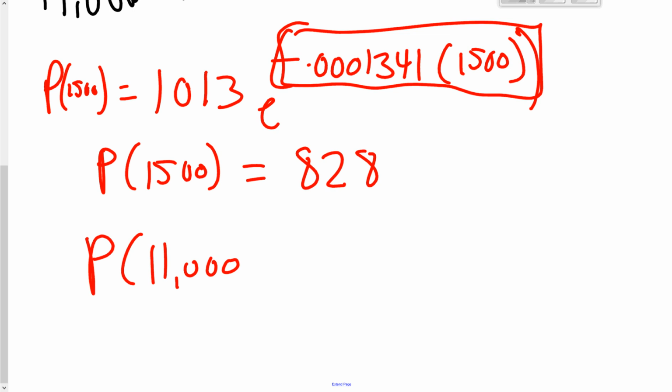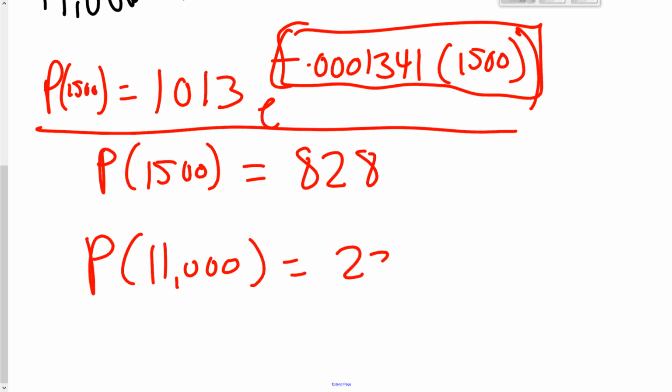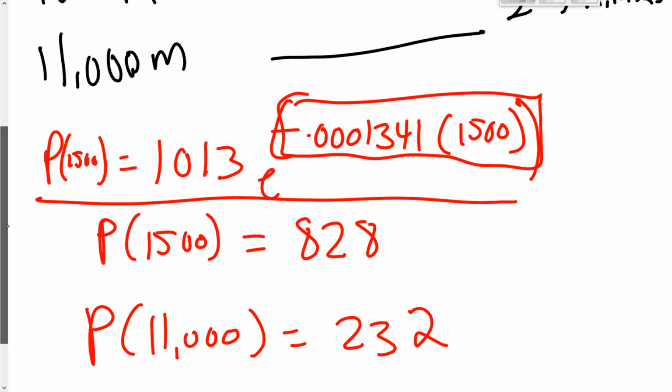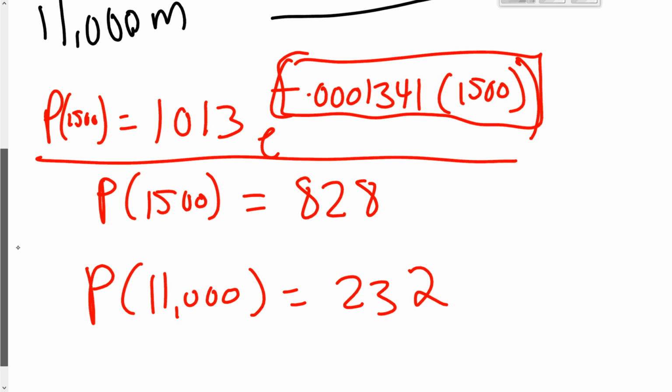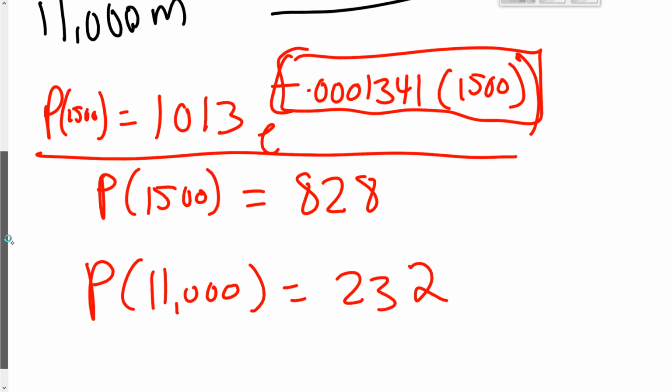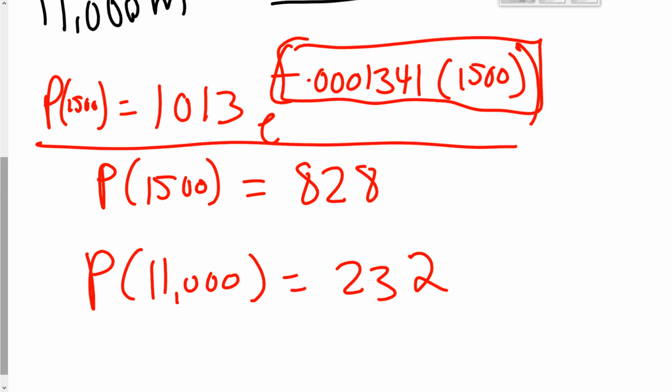So I can arrow back, it'll go back to that same equation right here, and I can just delete the 1500 and put in 11,000, and then hit enter, and I get 231 or 232 if I round it. So 1500 gets me 828, and 11,000 would get me 232 millibars of pressure.